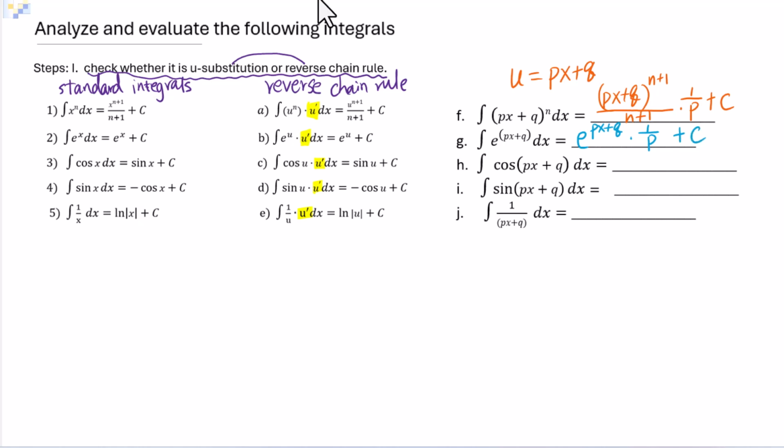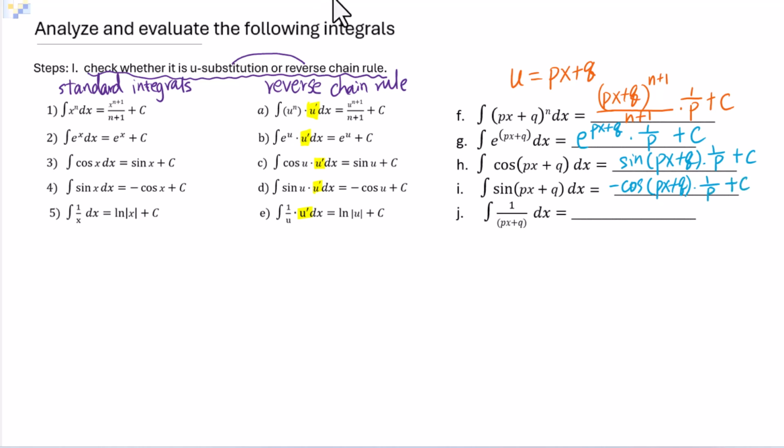For h, we will get sine of (px plus q) times 1 over p plus c. For i, we will get negative cosine of (px plus q) times 1 over p plus c.